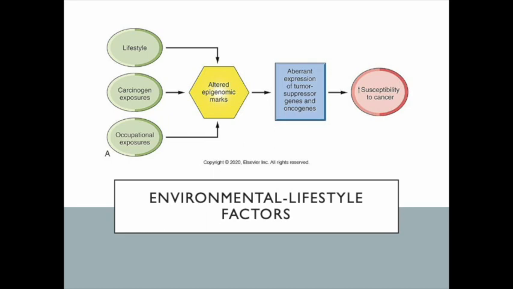We are going to move in and talk about some of these factors, beginning with the use of tobacco, our diet and nutrition. We'll talk a little bit about obesity, alcohol consumption, physical activity, and then we'll end with air pollution.